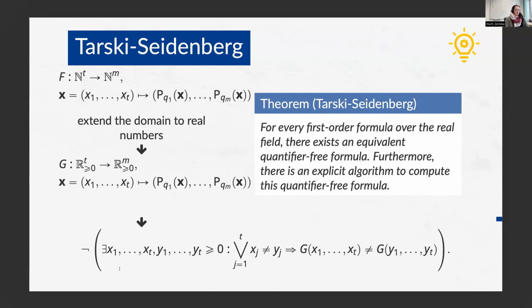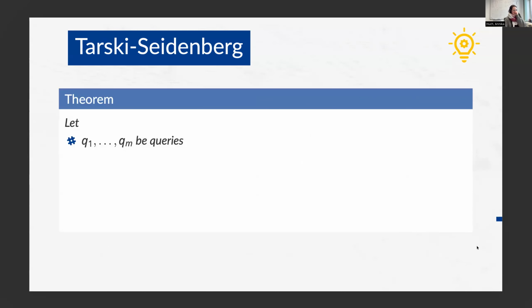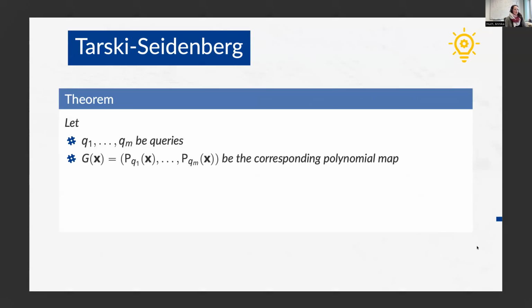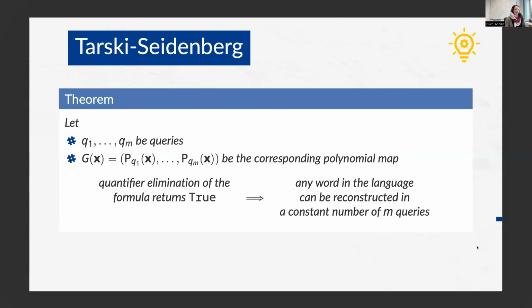So we can conclude from this that if we have this set of queries and the corresponding polynomial map, and if the quantifier elimination returns true, so if we are able to get rid of the quantifiers, then we know that any word in this language can be reconstructed with this constant number of queries. And if we have chosen not enough queries, then the quantifier elimination would not work.